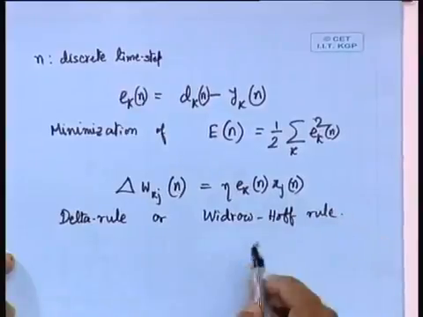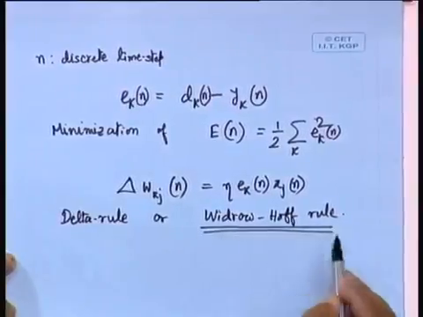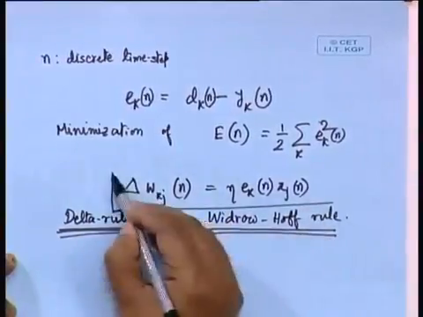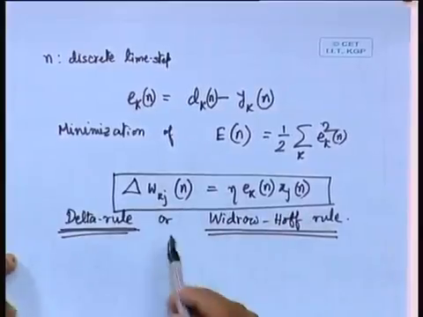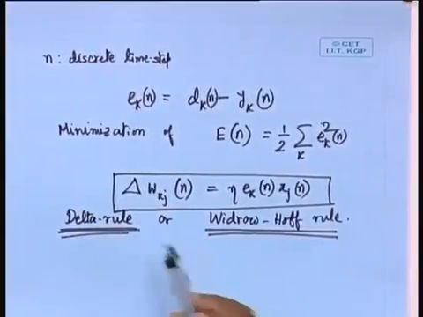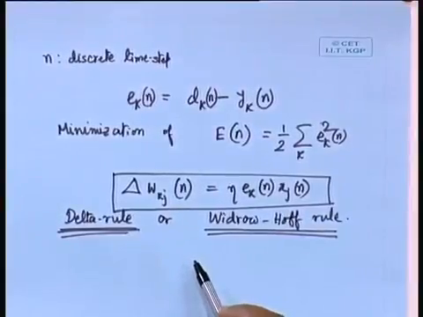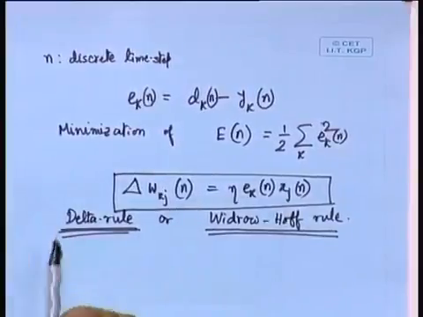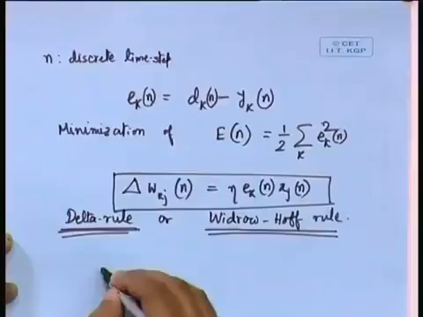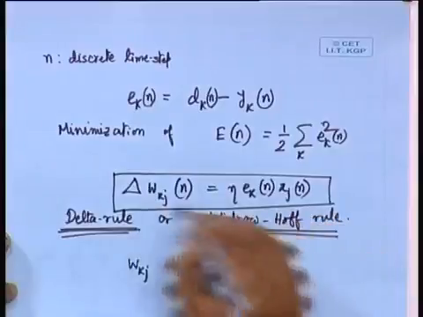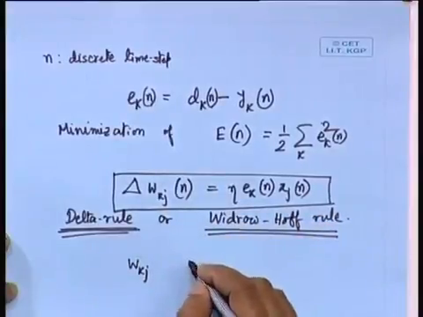So different books or journals could be calling this equation either gradient descent or delta rule or Widrow-Hoff rule, whatever name they may say, but ultimately it means that this is the adjustment or the increment in the weight that you are going to do. And then the updated synaptic weight that we are going to get is that based on this delta w_kj, the w_kj is going to be updated.